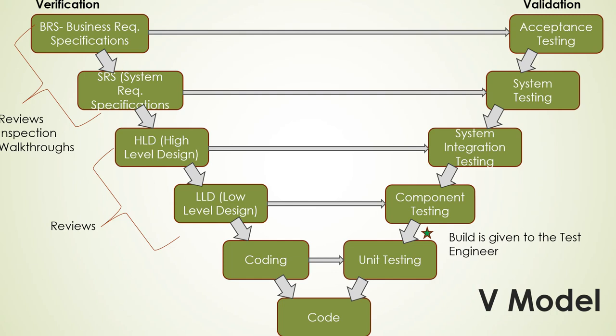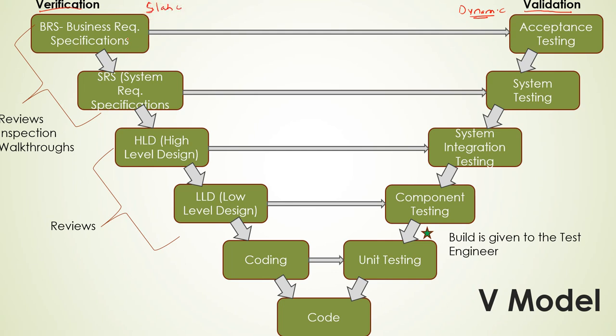Again, here as well we'll see the V model first. In the V model, on the left side we can see the verification part, and on the right side there is the validation part. This is termed as dynamic testing, and this is termed as static testing.